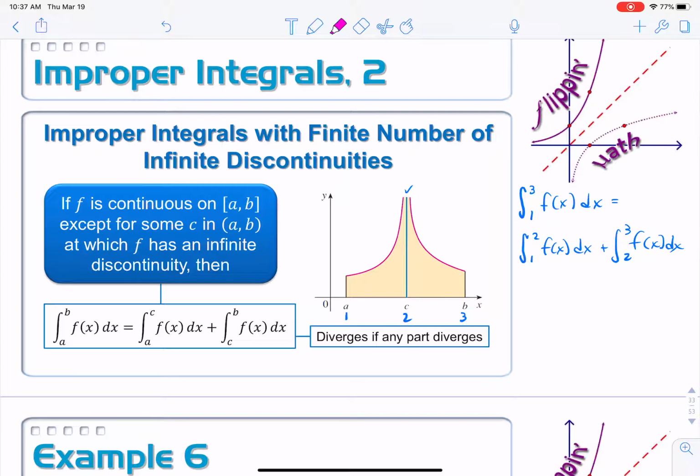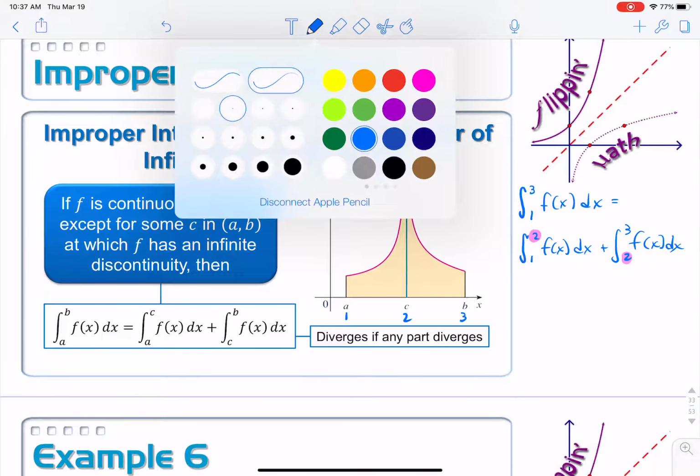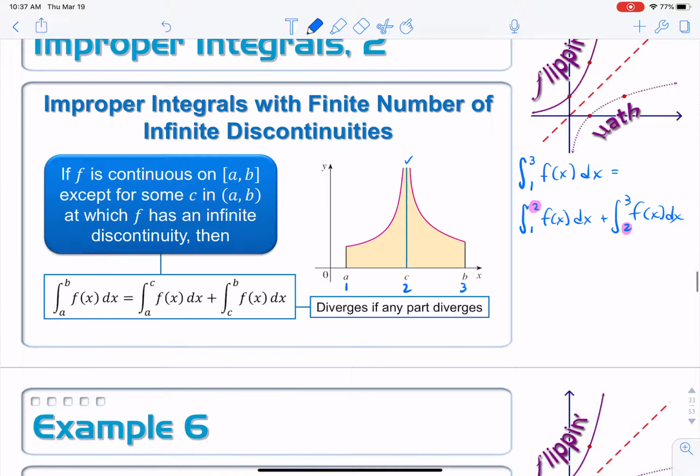The one on the left-hand side has an upper bound with a vertical asymptote, and the second one has a lower bound with an asymptote. Whenever I go to set up the limits for each one, the one on the left-hand side would be the limit as, and what I tend to do is, if it's the bottom bound, I replace it with an a. If it's the top one, I replace it with, let's say, a b.